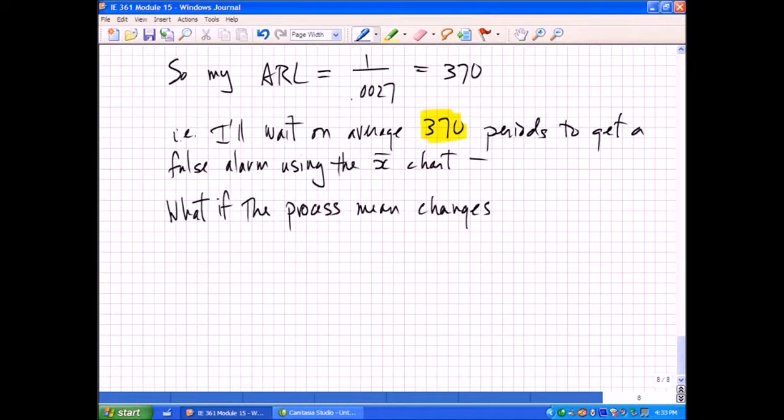For sake of illustration, let's suppose that what I'd like to do is know what happens if the process mean changes by one process standard deviation. But sigma stays unchanged.